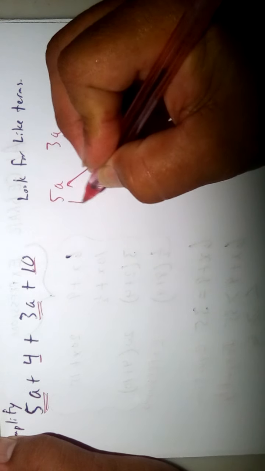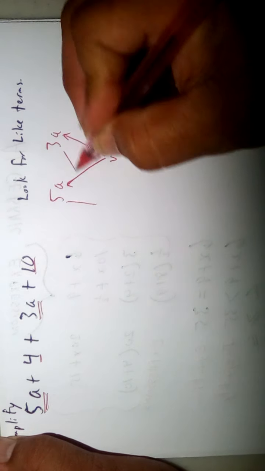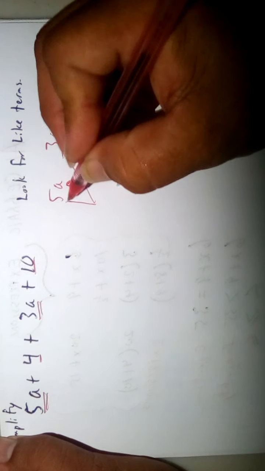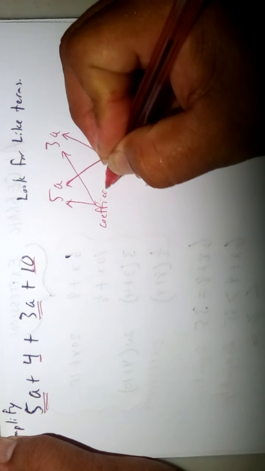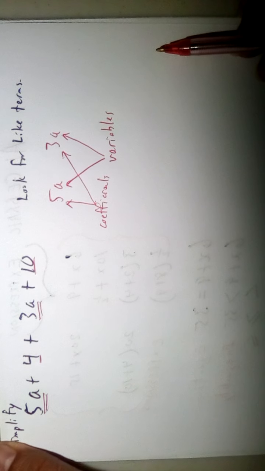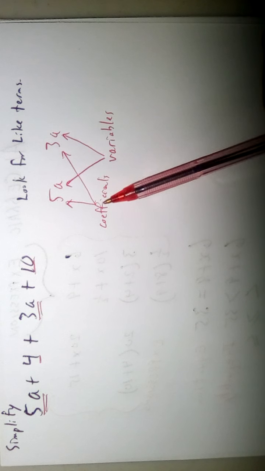Now the 5 and the 3 are known as the coefficients of the variable. In other words, these are the numbers which are in front of the a. So these are like terms. Why? They have a number and they have variables which are alike. The numbers do not necessarily have to be whole numbers or positive, they can be negative as well as fractions.